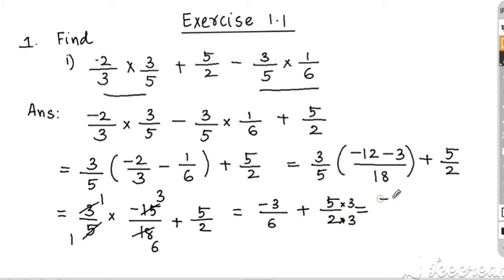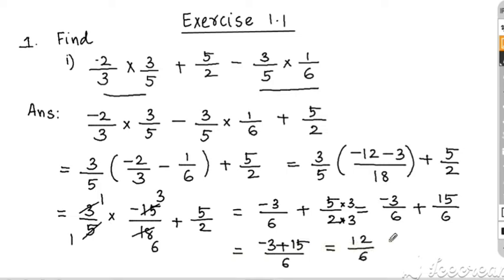So multiply the second fraction by 3, that is going to be equal to negative 3 by 6 plus 15 by 6. Then you can add the numerators. So you will obtain negative 3 plus 15 by 6, which is equal to 12 by 6, and 12 by 6 is 2. So the value of this expression is 2.